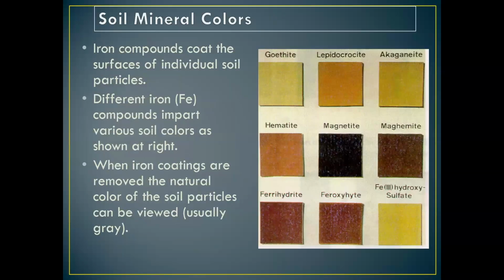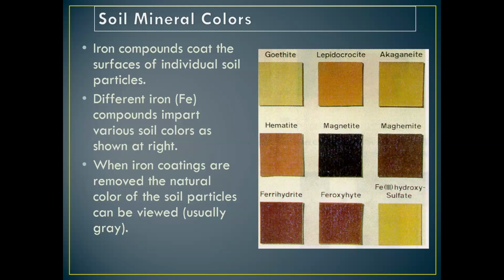So what do some of the soil mineral colors impart? What are the colors that we're dealing with here? Iron compounds coat the surfaces of individual soil particles, and iron is common in the Earth's crust. It's everywhere, and that's what's predominantly coloring soil. You can see the chart here of these 9 colors. They're all brown of some sort, brownish yellow.